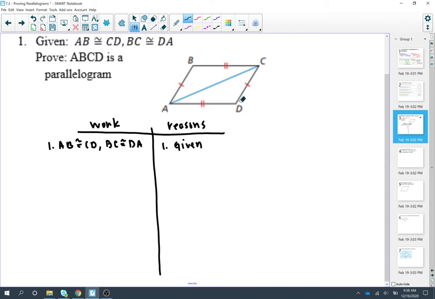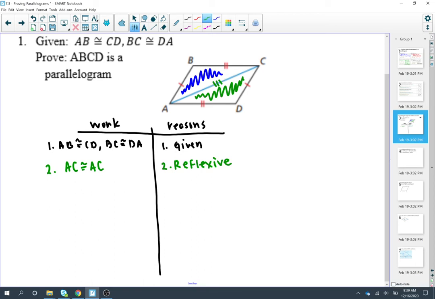then I know that I have parallel lines. So the first thing I'm going to do is I'm going to consider this triangle up here, and I'm going to consider this triangle down here. And I'm going to try to prove that those triangles are congruent. I currently know that this side and this side are congruent, and this side and this side are congruent. The last side I need, number 2, is that AC is congruent to AC. And that is the reflexive property.